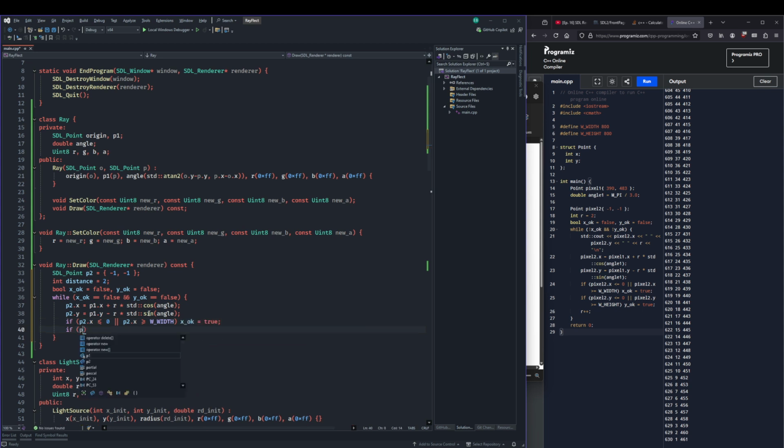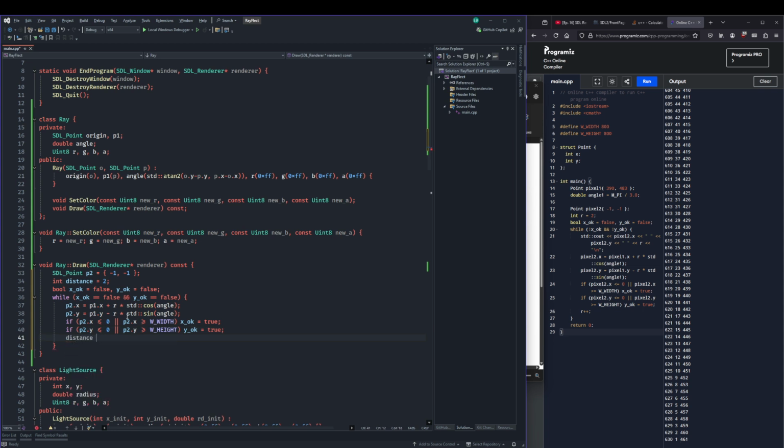And if p2y is below or equal to 0, or p2y above or equal to window height, yok will be equal to true. And then we're basically going to get out. I said R, but it's actually distance, and we're just going to increment it afterwards.